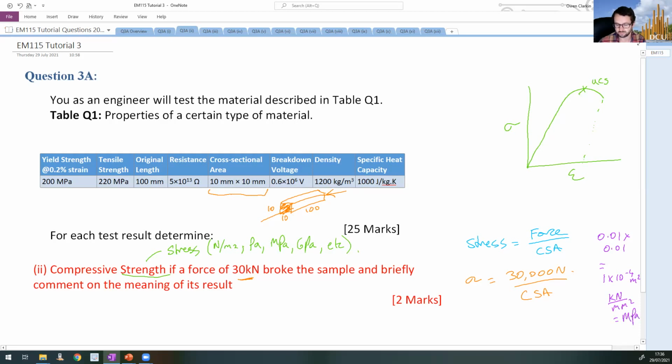But if you're not that comfortable with it, stick to the base units and it'll make things easier. Okay. So 30,000 divided by 1 by 10 to the minus 4 will come out as 300 by 10 to the 6 newtons per meter squared.